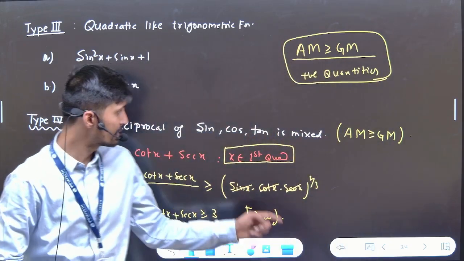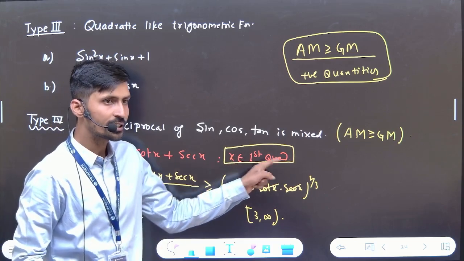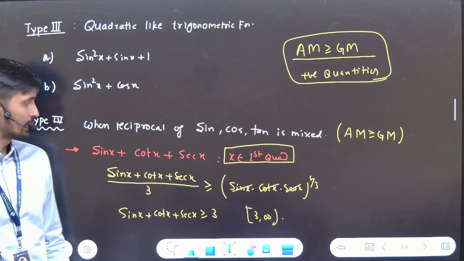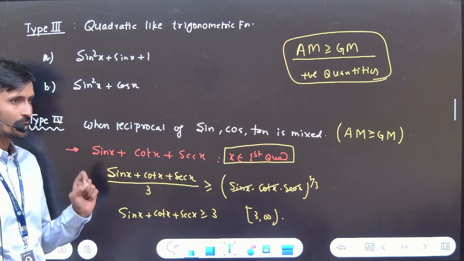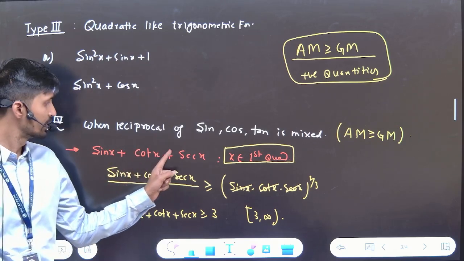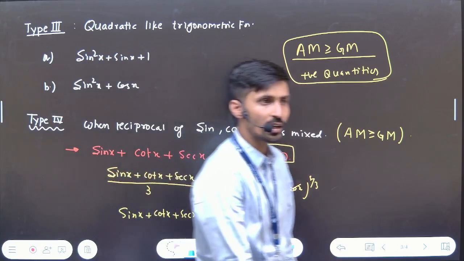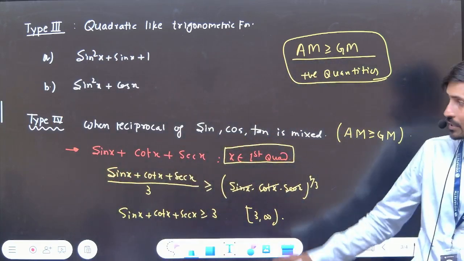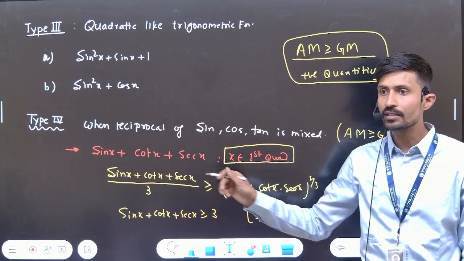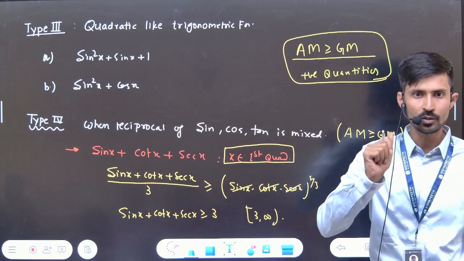If I say x belongs to the first and second quadrant, we cannot apply this logic. Why? Sine is positive in both, but cot is positive in the first quadrant and negative in the second, and sec is positive in the first quadrant and negative in the second. It means sine is always positive, but sec and cot are both positive and negative. So we cannot apply this concept.